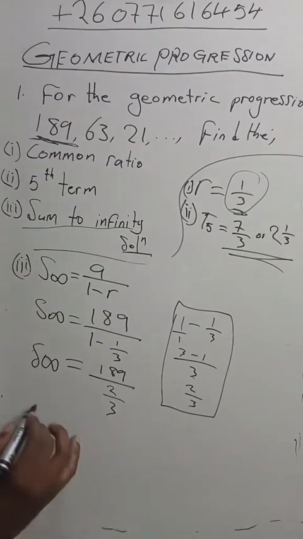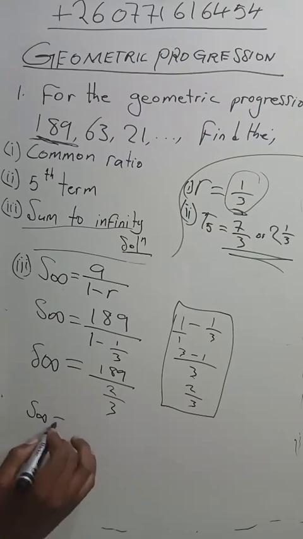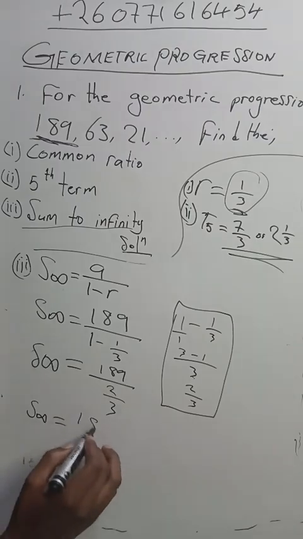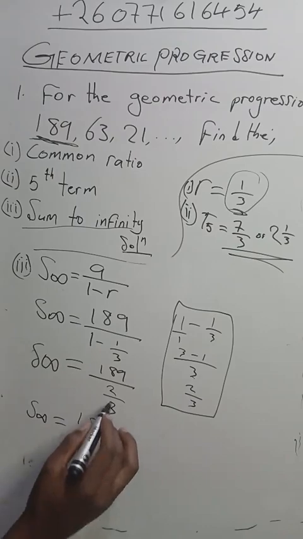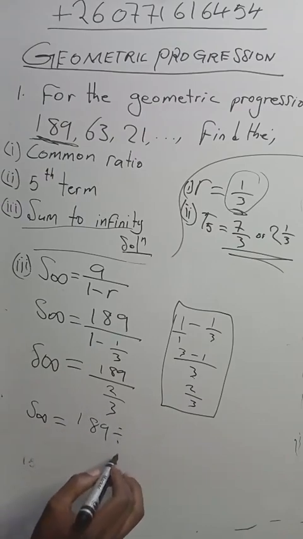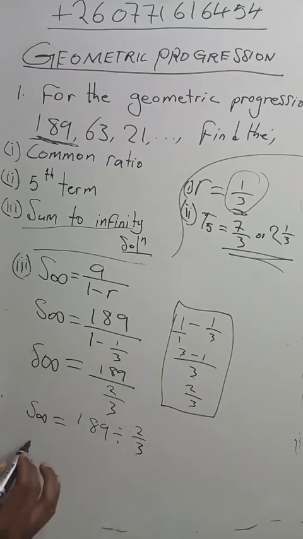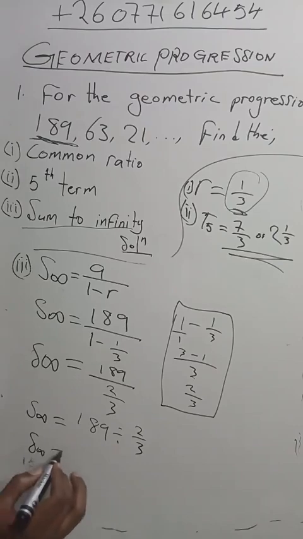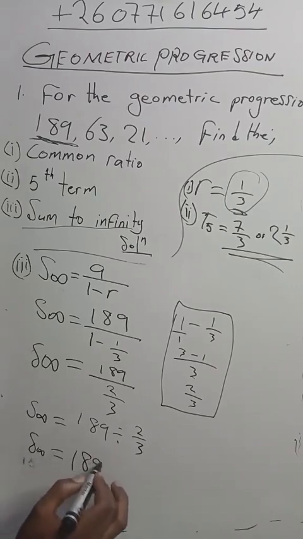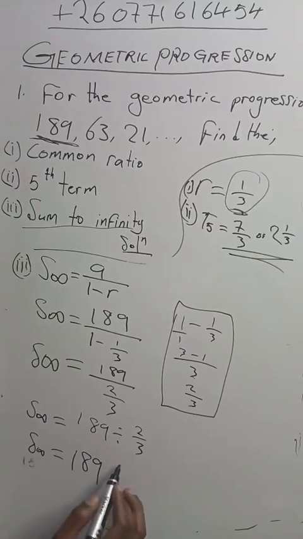Okay, then we're going to say sum to infinity is equal to 189. This division can be written as this division. Then we say 2 over 3. Then you're going to say sum to infinity is equal to 189. Then you reciprocate here.